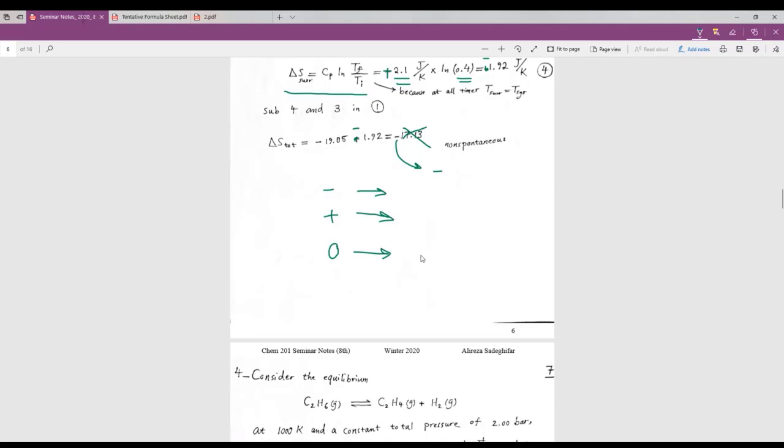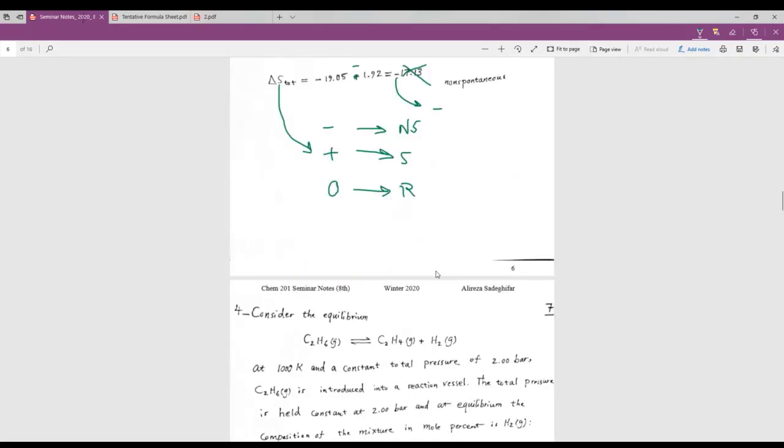It is considered as non-spontaneous, but it is reversible. It's usually called reversible or non-spontaneous, doesn't matter. So only when the sign of delta S total is positive, the process is spontaneous. So spontaneous, this is non-spontaneous, and this is just, I put reversible. Okay, so these things: spontaneous, non-spontaneous, reversible.